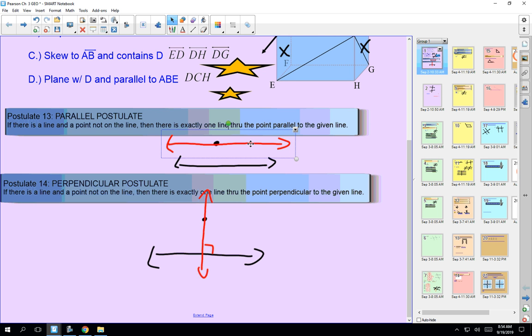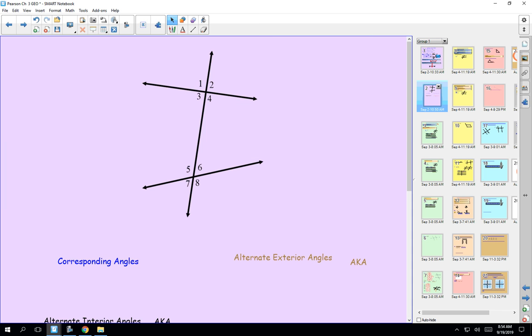Pretty intuitive, I think. All right, and then there are 4 types of angles that we need to be familiar with, and it's based on their position. And the name that we give them is supposed to help you to recognize the angles. Okay, so here we have an example of 2 lines that are not parallel.